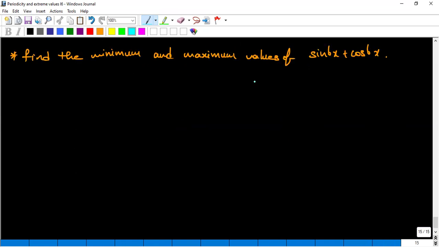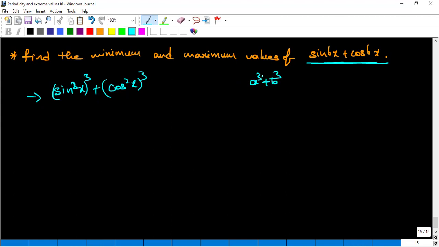Find the minimum and maximum value of sin power 6 x plus cos power 6 x. Before going into this, try to recall your algebra once. This sin power 6 we can write as sin cube x whole square, or sin square x whole cube plus cos square x whole cube. This is of the form a cube plus b cube.